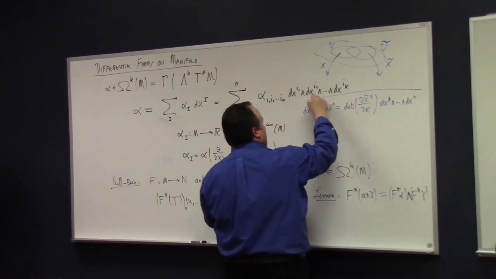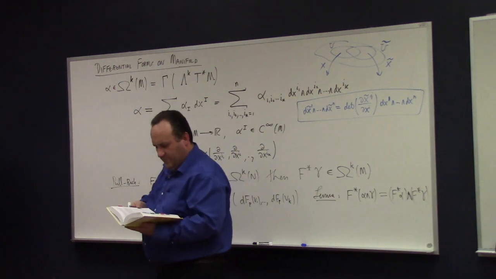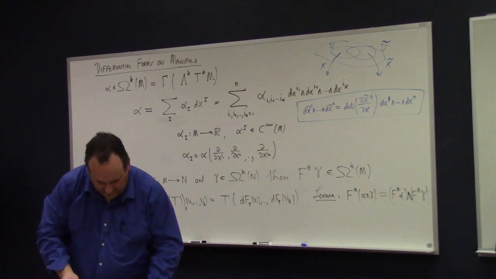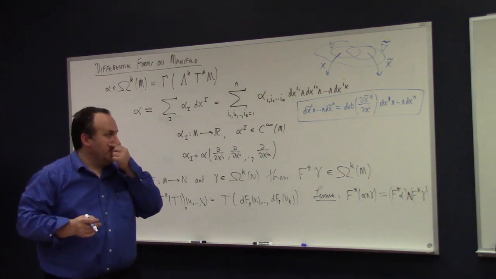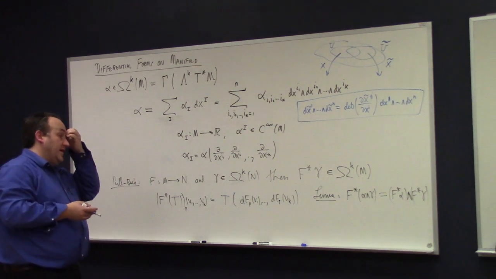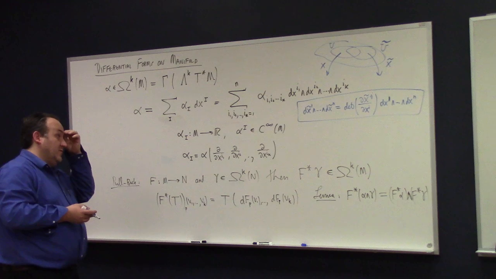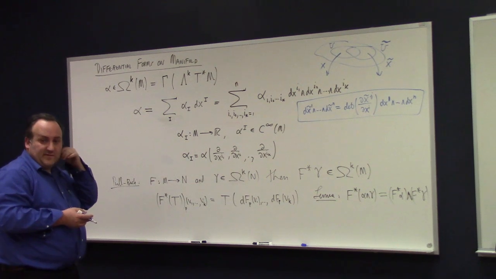So this is the way in which differentials are related. If we were to compare the wedge product of the coordinate coframe, I guess we call it, between two different coordinate systems, they'd be related by multiplication by a determinant, like this.